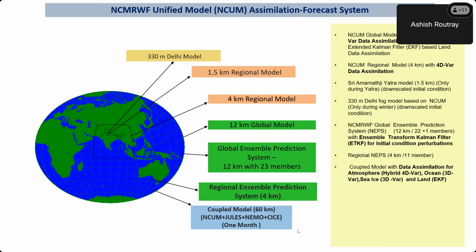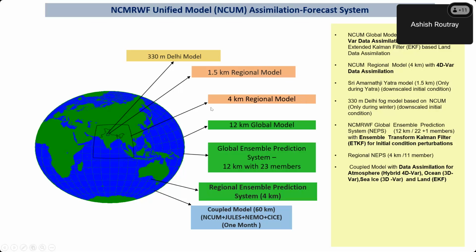This is the base system we are using at NCMRWF. This is the Unified Model adopted from the UK Met Office. I am not going into detail. This is the seamless prediction system from global to high resolution, down to the 30 meter Delhi model. We have a regional ensemble system at 4 kilometer, coupled models at 6 kilometer, and my focus is the regional 4 kilometer model.